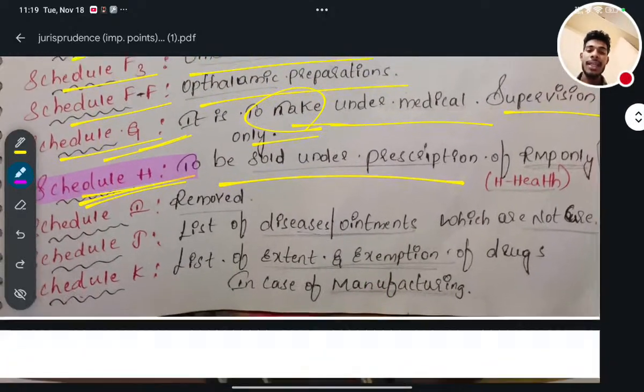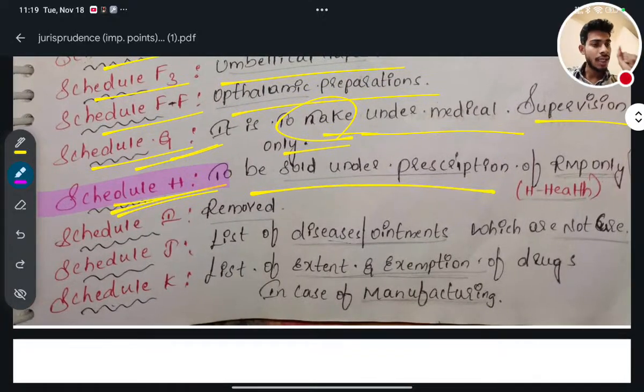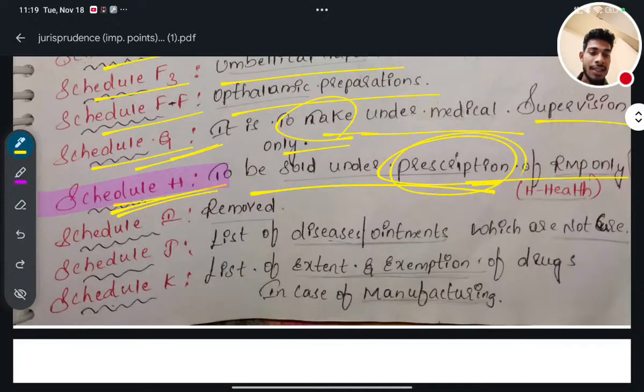In Schedule H, those drugs will come which should be sold under RMP or any doctor's prescription. Ultimately physician prescription. So in one word, they are called prescription drugs. Schedule H are prescription drugs.